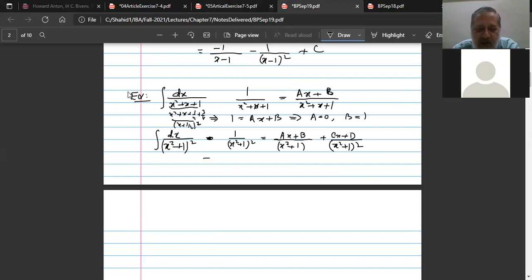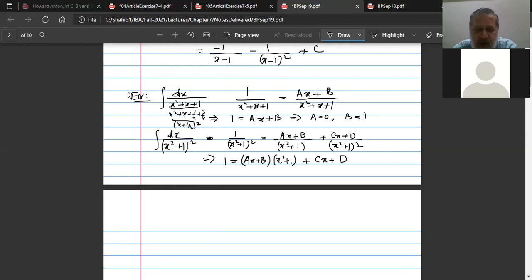Now to solve this, if I multiply throughout by this denominator, I will have this ax plus b times x square plus 1, because x square plus 1 whole square, when multiplied with this, the denominator cancels out, plus cx plus b. Now again, we have a situation where I can remove a few terms.